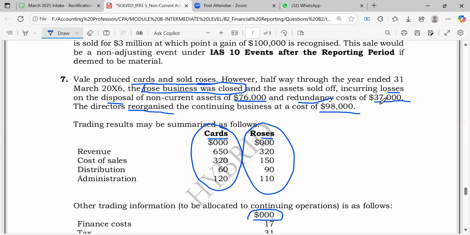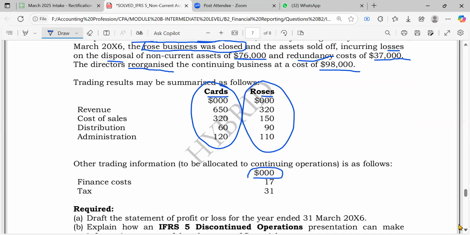And then you have this reorganization cost. You reorganize because you want to start up again. So those will be on the continuing operations. So you come here and take these figures for cards, which is the continuing operation.